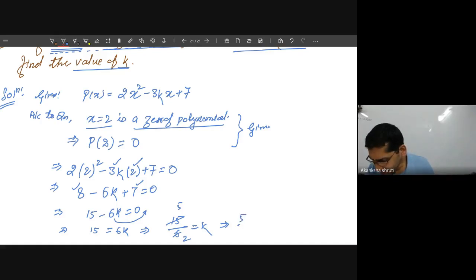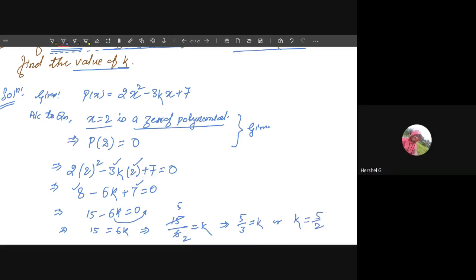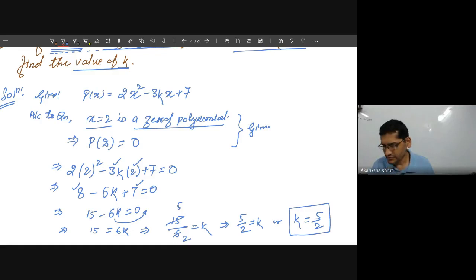So this k is equal to 5 by 2, which is the required answer.